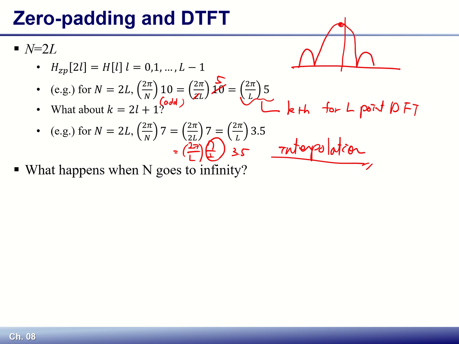If we have samples from the L-point DFT like this and this, and we use 2L points, then in the middle we can have a finer value like this.